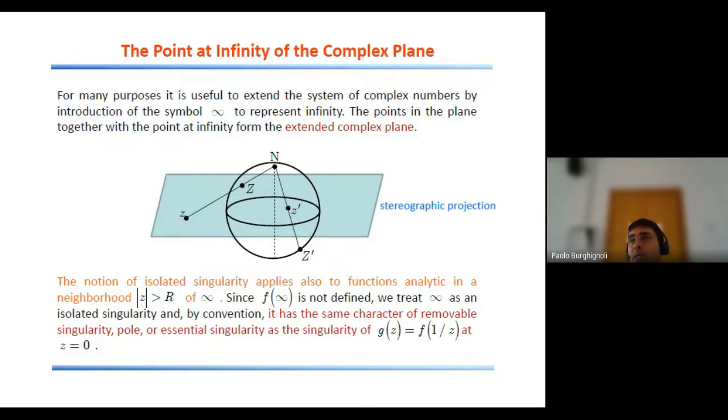So infinity is what happens very far from the origin of the complex plane, but to make things more rigorous, it is possible to, for example, consider this stereographic projection. So imagine a sphere which is bisected by an infinite plane, which is the complex plane.